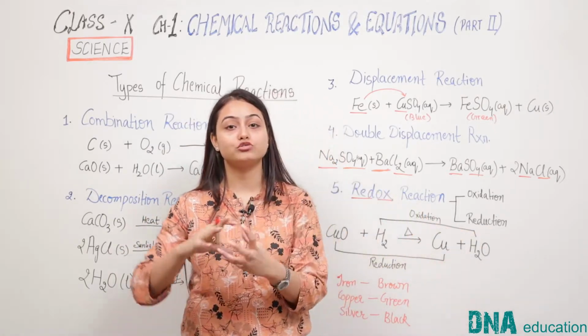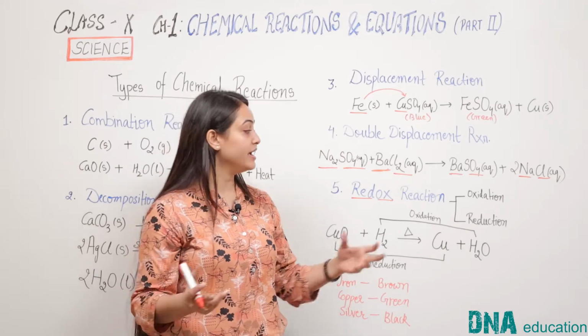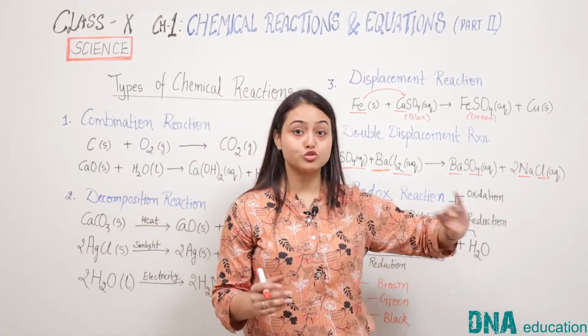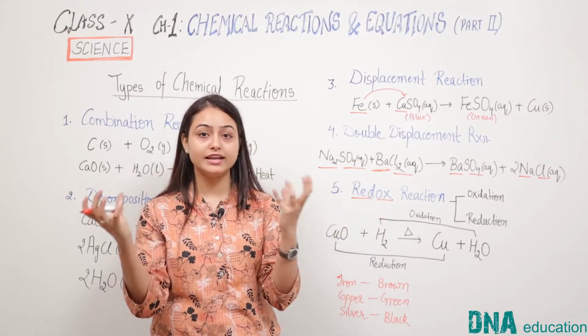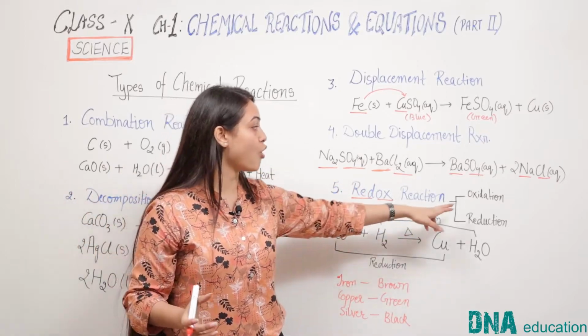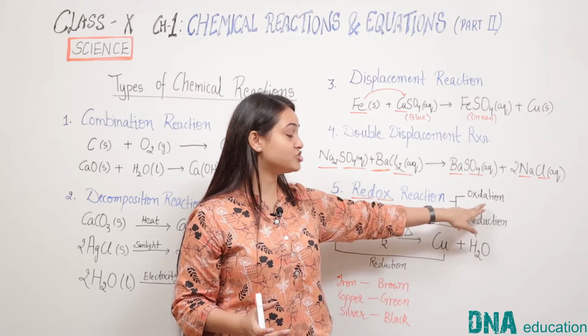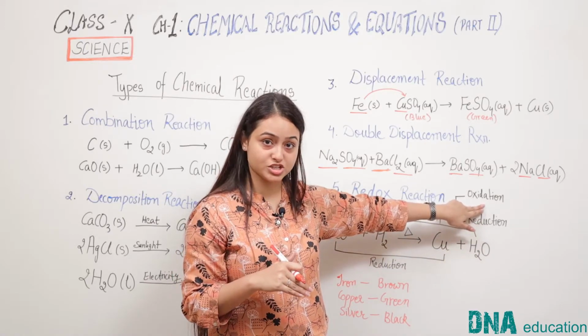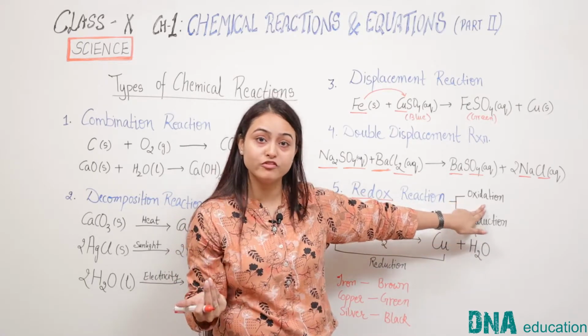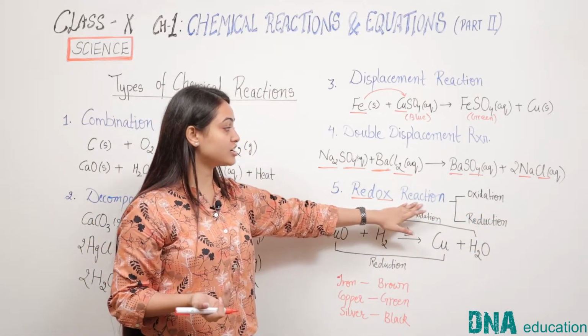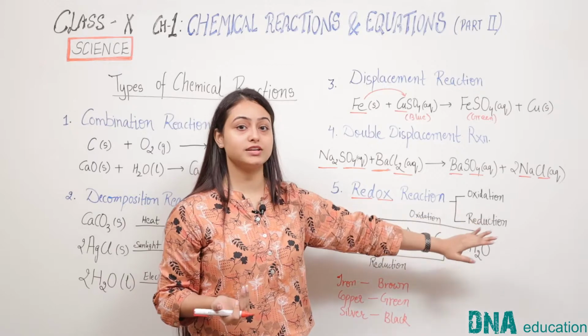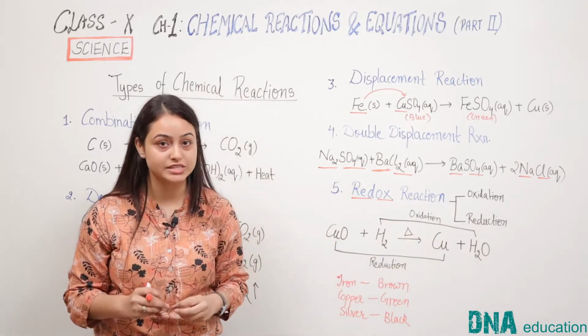And whenever hydrogen is removed from a compound, it is said to be oxidized. So you see that oxygen and hydrogen are completely opposite to each other in case of oxidation and reduction. Oxygen addition is oxidation, while hydrogen removal is oxidation. So redox reactions are the reactions in which oxidation as well as reduction takes place simultaneously.